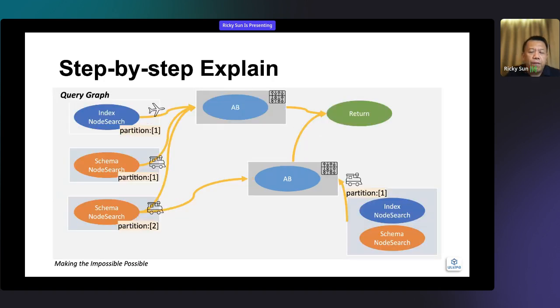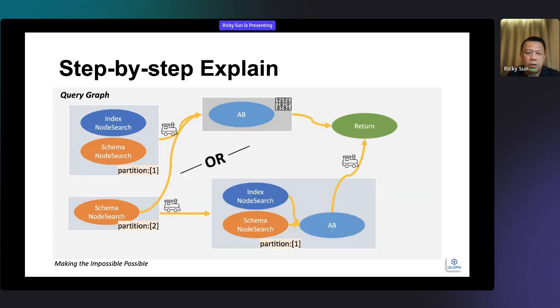Now here is a full picture before the optimization, like all the possible pathways that potentially will happen to gather the final return results, right? Index search, schema search, right? Across multiple partitions, and combining the results, do the A/B search and eventually return, there are actually multiple paths. This is the whole picture.